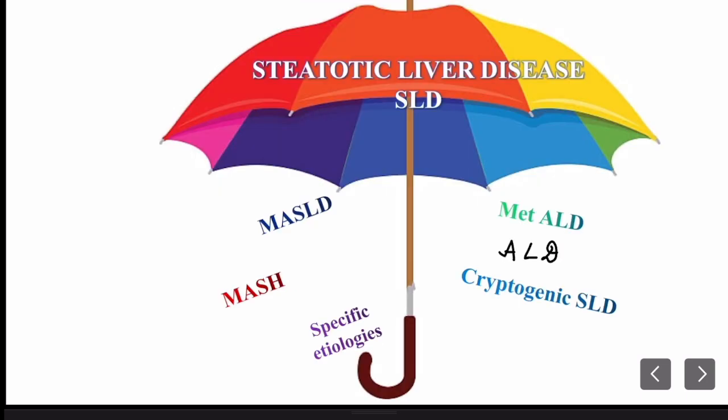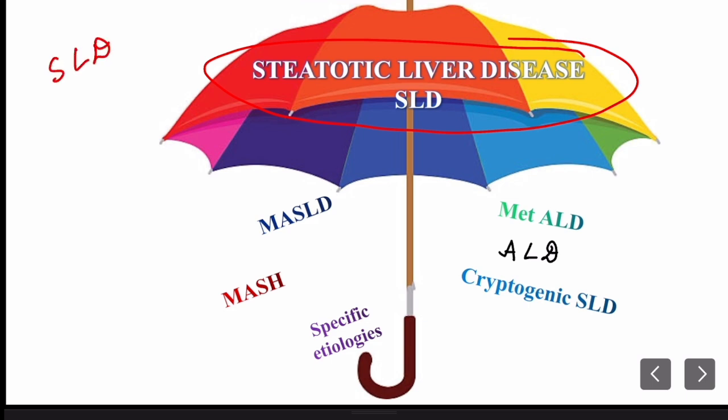Now I will briefly tell you regarding the updates in the new nomenclature that is used. Now let us have a look at this. There is one broad term which is steatotic liver disease. Earlier it was known as fatty liver, which is now discontinued. Steatotic liver disease is often detected incidentally on your routine radiology, and the SLD can have a number of causes.